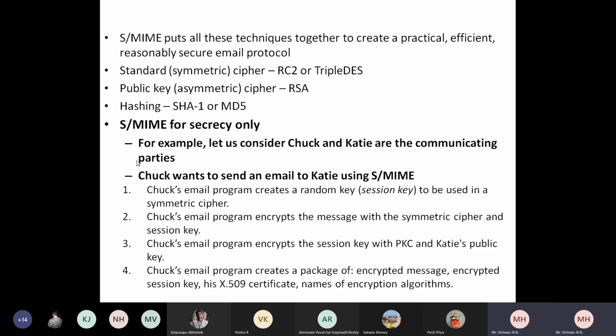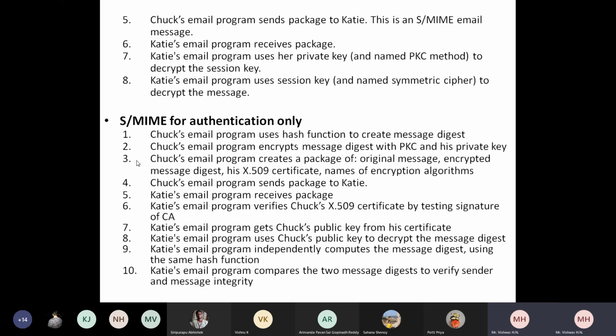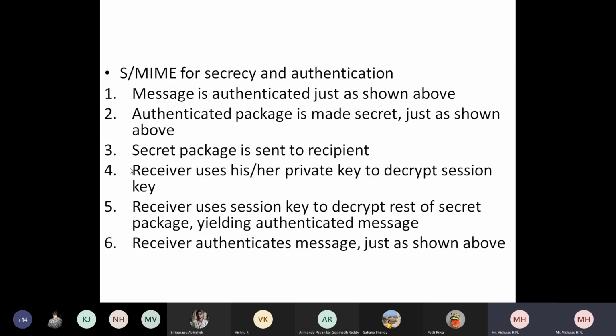Whatever support you received in PGP, the same support is there in S/MIME also, even for attachments. Is that clear? And there is no limit on the message that you need to send. Is that clear?